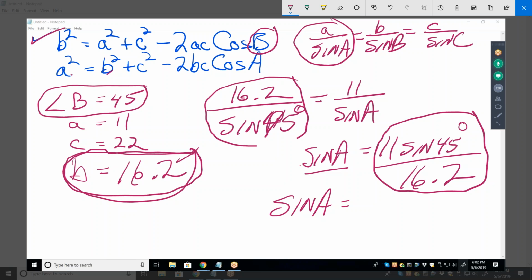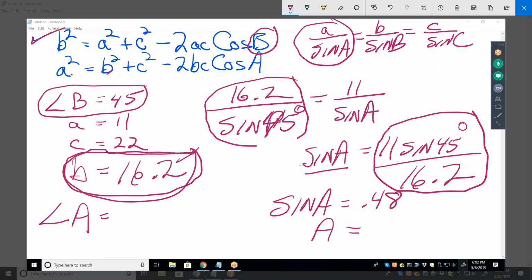I got 0.48. That's good. We're between 1 and minus 1. Now tell me what angle A is. It's the inverse sine of 0.48. Okay.